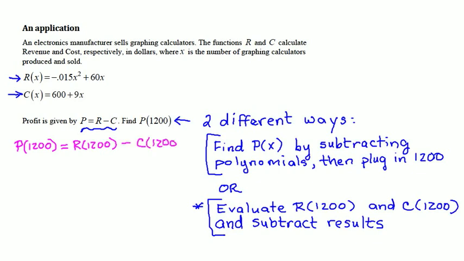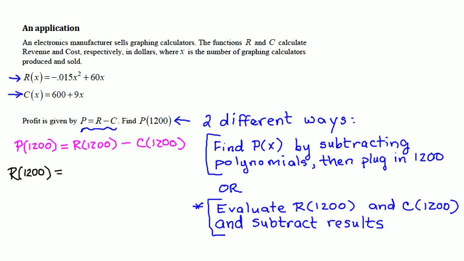If it's true that P of x is equal to R of x minus C of x, then it's also true for a specific value of x. So what I'll do now is focus on finding R of 1200 and C of 1200 by plugging 1200 in for x.